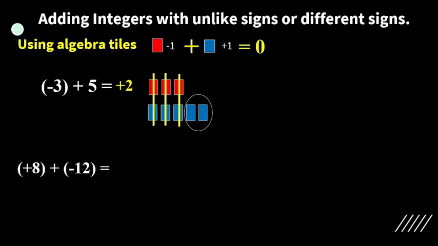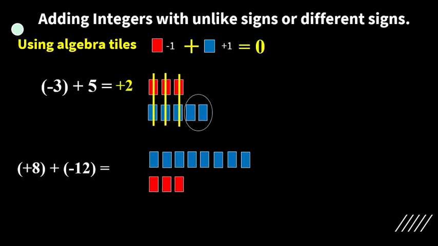Let's have another one. Positive 8 plus negative 12. Let's represent positive 8 using 8 blue tiles, plus negative 12. Let's represent it using red tiles. So we will be having 12 red tiles. There.